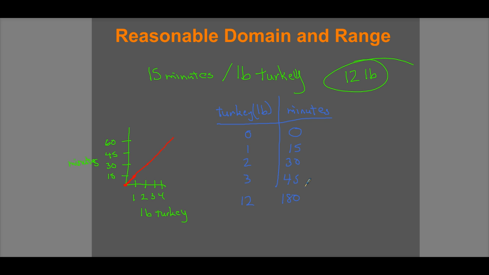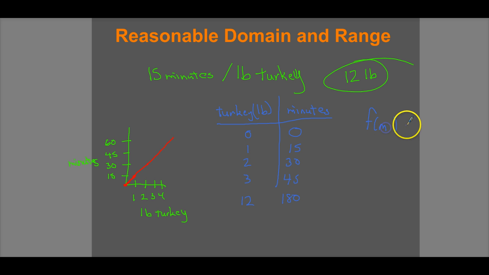So what I can get out of this is to build a rule or function rule about how this is set up. So I would say maybe the function of turkey, so I'd say maybe f of t, or I should say in minutes.